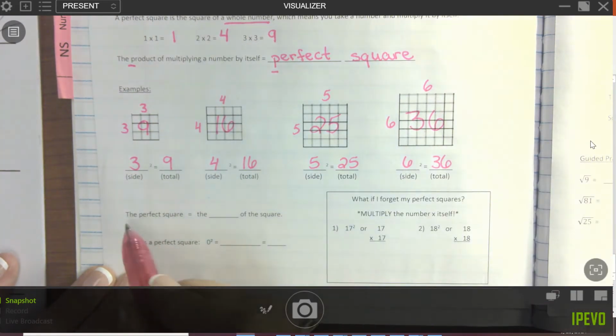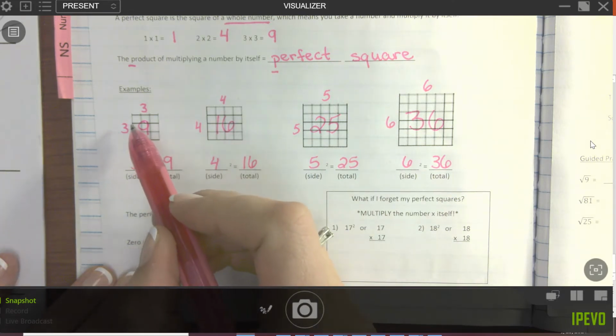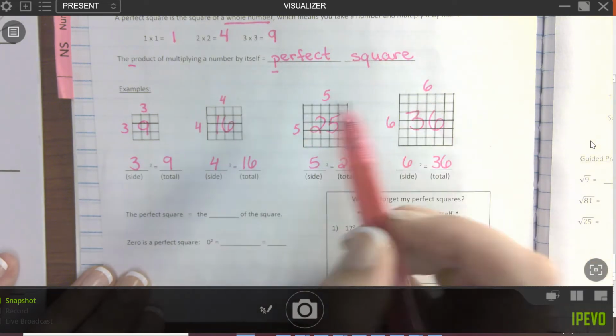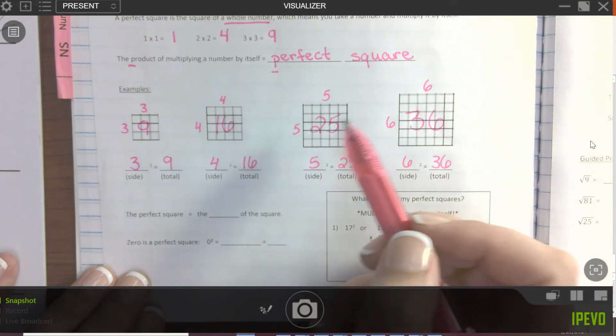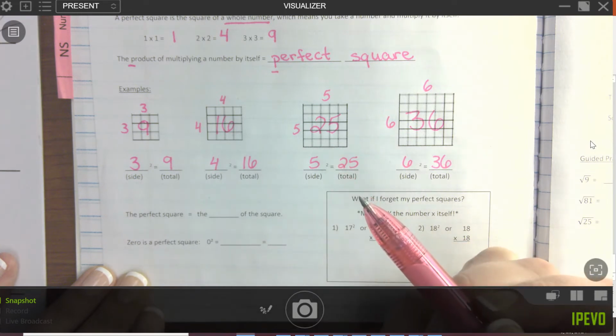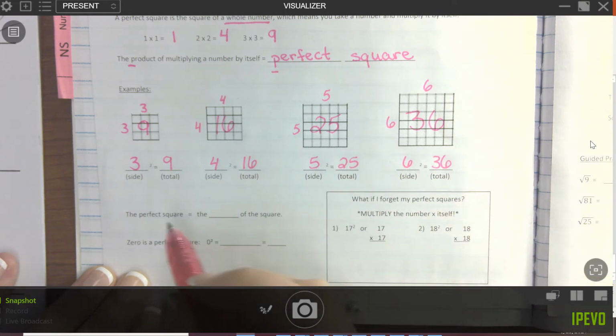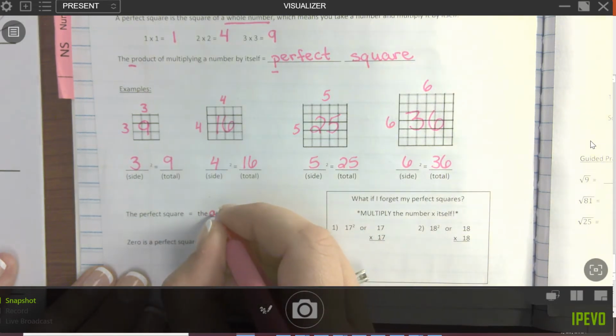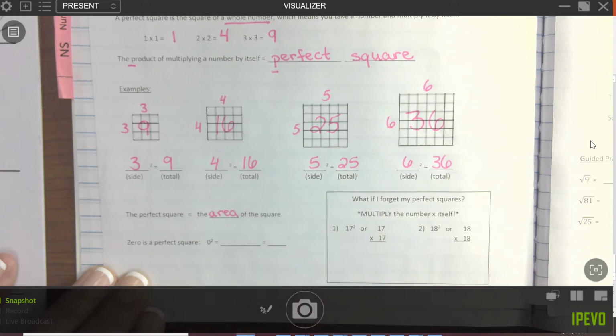So when we were finding the perfect square, what we were doing was multiplying 3 times 3, 4 times 4, 5 times 5, 6 times 6. I'm multiplying the length by the width of the square. It's just that they happen to be the same because it's a square. So whenever you multiply the length times the width, you are finding the area. So when you were finding the perfect square, in this case, you're finding the area of the square.